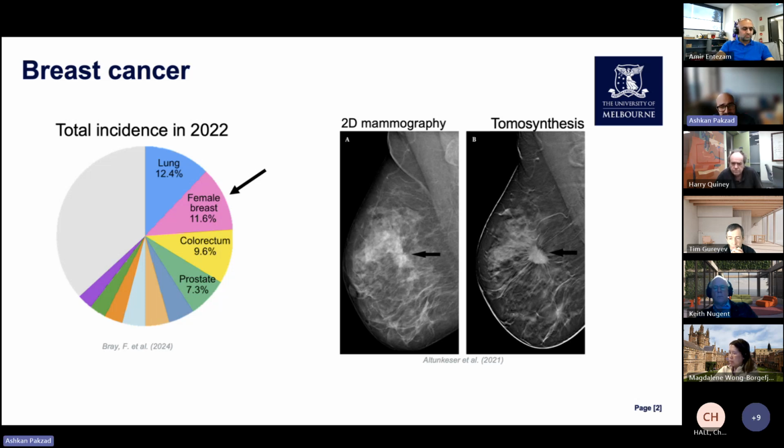And breast tissue can largely be categorized down to glandular tissue, which appears bright, and adipose, which appears dark. And here, this arrow is pointing out a suspicious mass and how moving towards 3D imaging can help be able to identify these masses better.